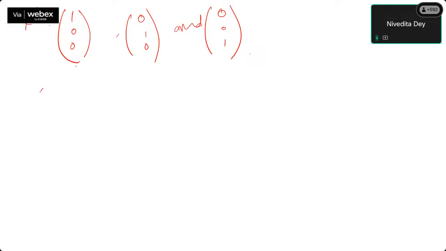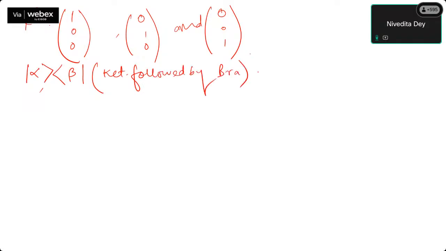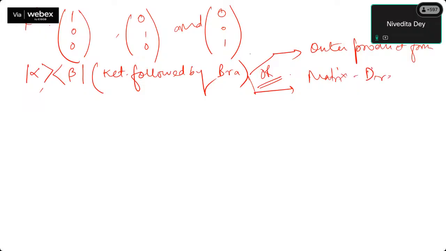So the general representation of this, a ket followed by a bra notation, is known as the outer product form, as we have seen, and it is also called the matrix direct form.